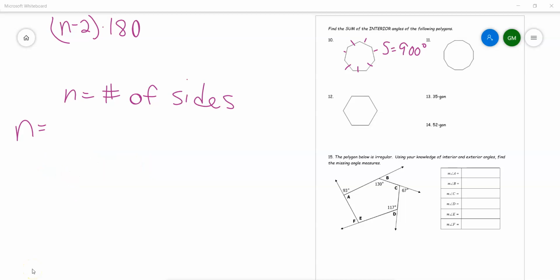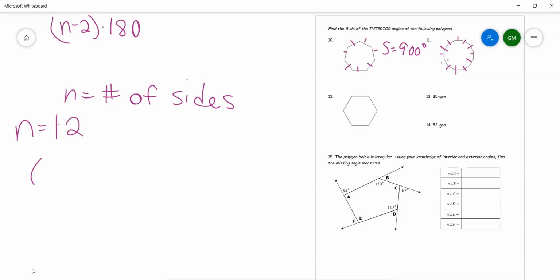All right, so let's see what n is for number 11. We have 1, 2, 3, 4, 5, 6, 7, 8, 9, 10, 11, 12 sides. n equals 12.